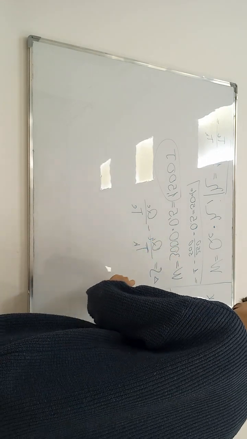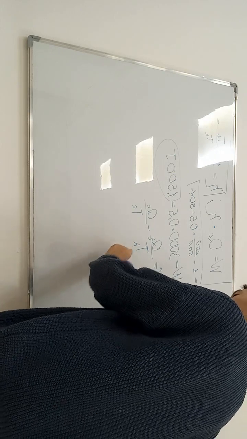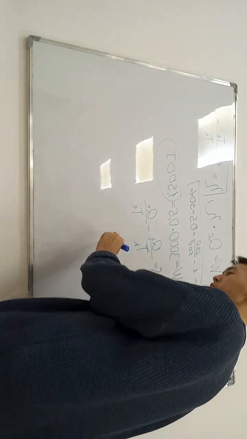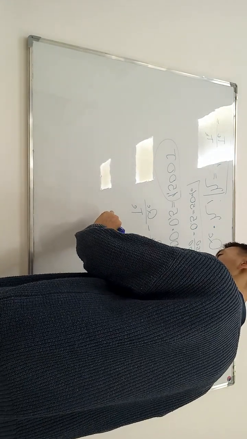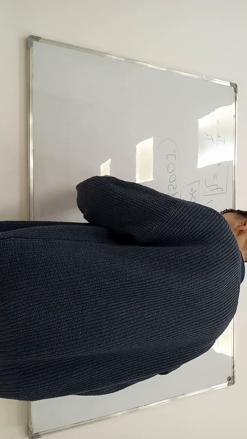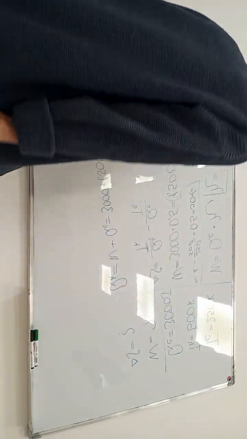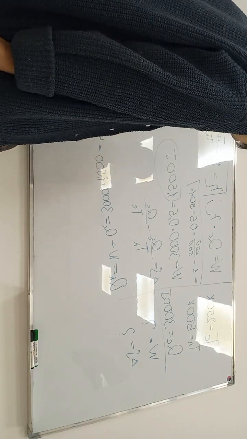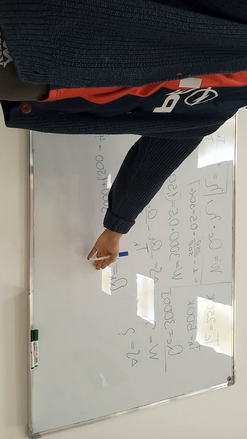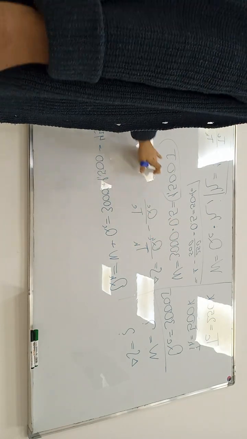To find it, we use the formula where Q hot is equal to the work done by the refrigerator plus Q cold. So the answer is 4,500 joules. Okay, we found this and just put it here.